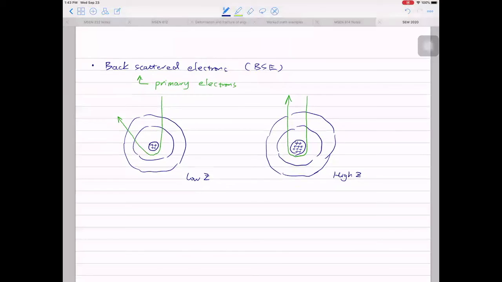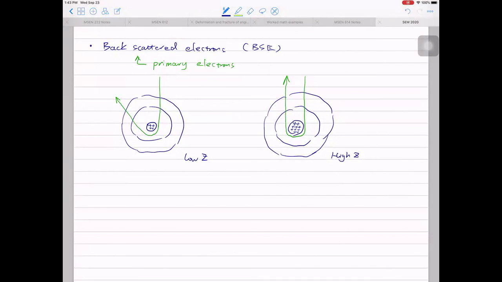Now, looking at the yield of the backscattered electrons, similar to what we did with the secondary electrons, let's look at two things, the effect of voltage and the effect of Z. Let's start by looking at the effect of the beam energy. On the x-axis, that's keV, the acceleration voltage.